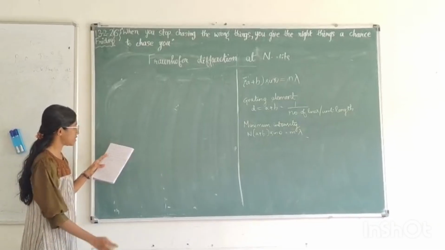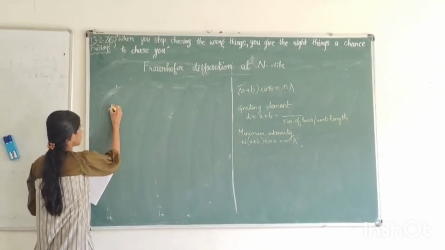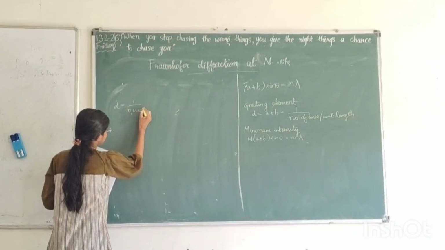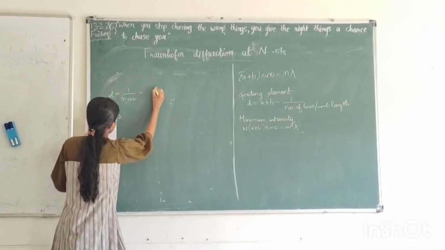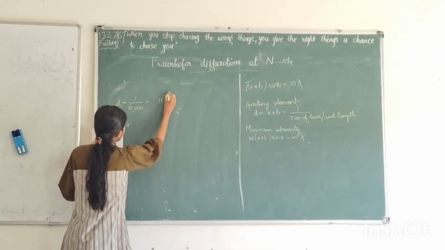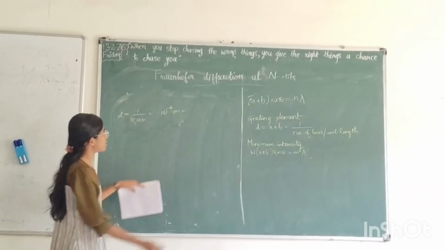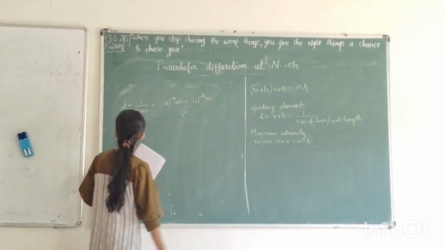Here it is given that the distance between the slits, d, is equal to 1 by 10,000, which is equal to 10 raised to minus 4 centimeter. Converting the centimeter, we get 10 raised to minus 6 meter.